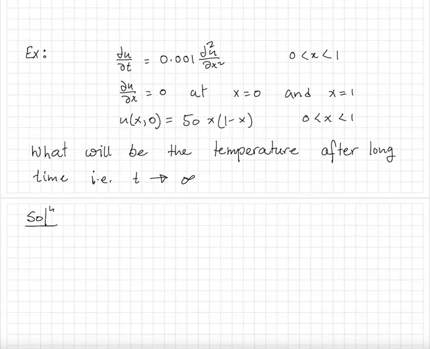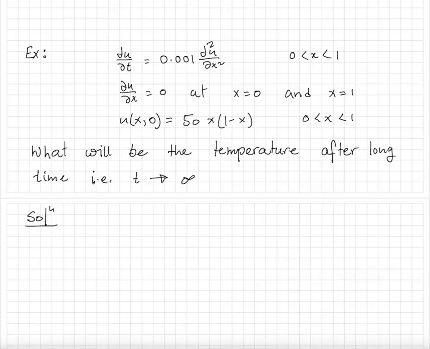A simple one-dimensional heat equation, a heated rod of length 1, 0 to 1, which is the domain. I have a Neumann condition here: du/dx is 0 at x equals 0 and x equals 1, both ends of the rod. So this is an insulated boundary condition.